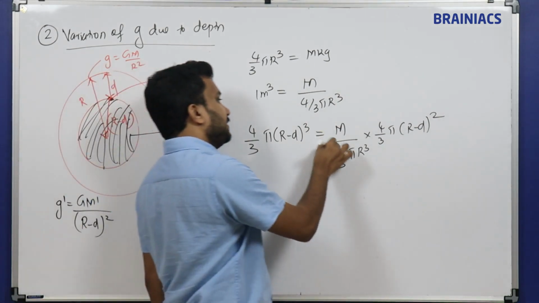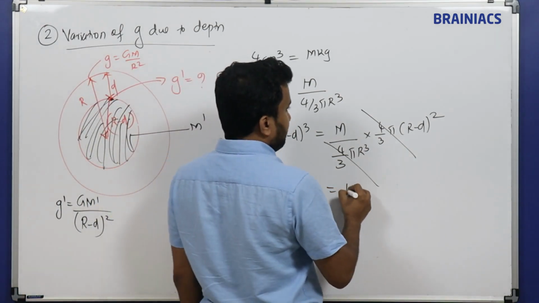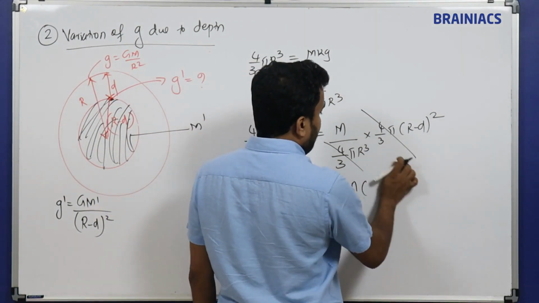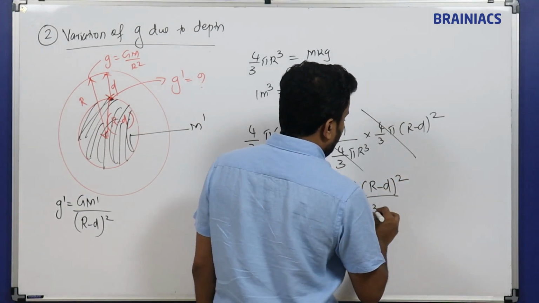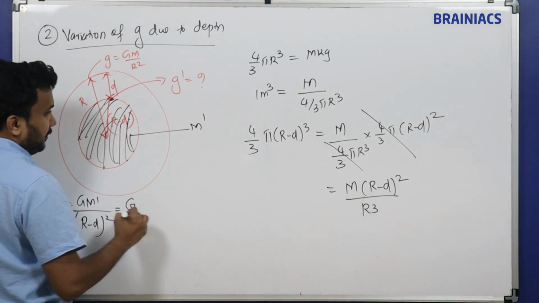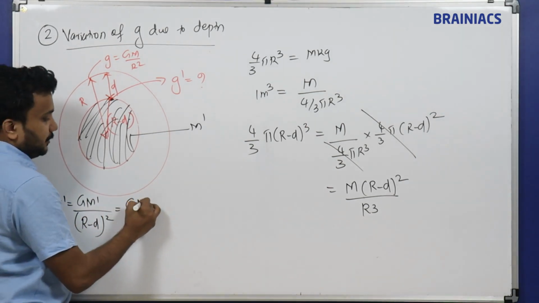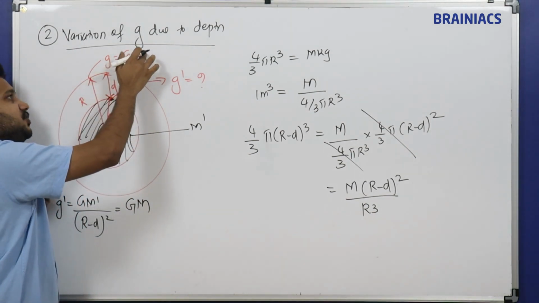4 by 3 pi cancels. So what is the mass? M into r minus d the whole cube divided by r cube. This is the mass available. We are substituting similar to what we have done before. If we are at the surface, it is GM by r square.